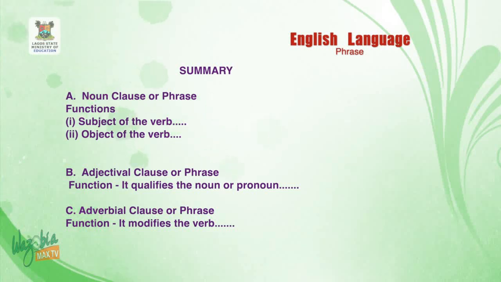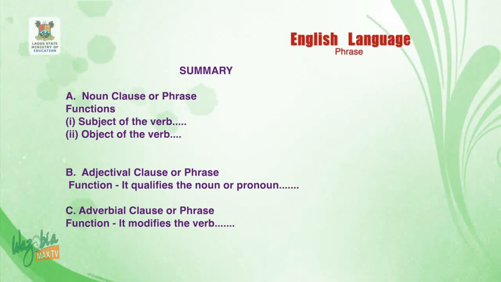Please students, take note of what I want to tell you. A noun clause or phrase has various functions, but we discuss only two, namely subject of the verb and object of the verb. Second, adjectival clause or phrase.